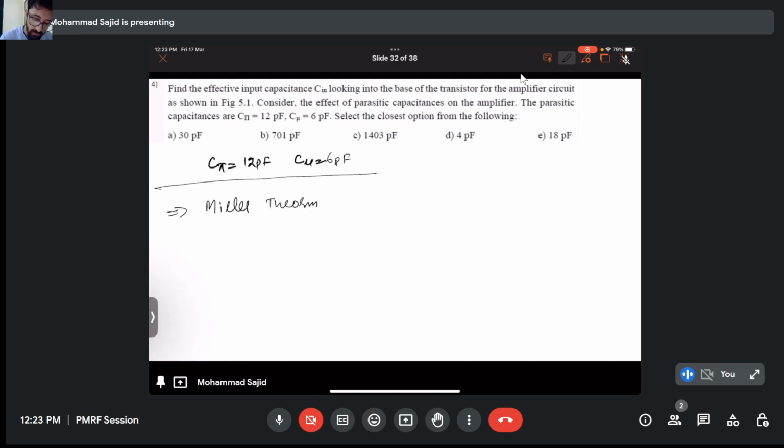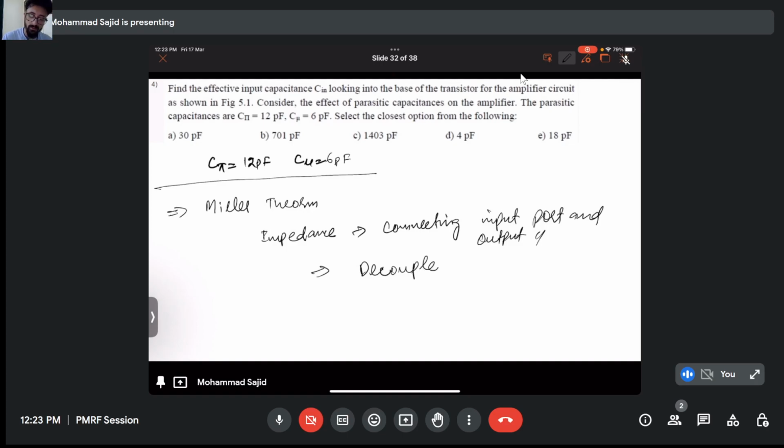Miller theorem says if you have a capacitance or any impedance connecting input port and output, you can always decouple them by using this theorem.